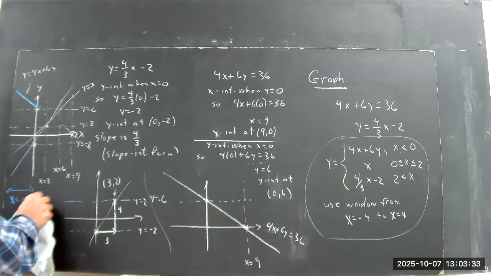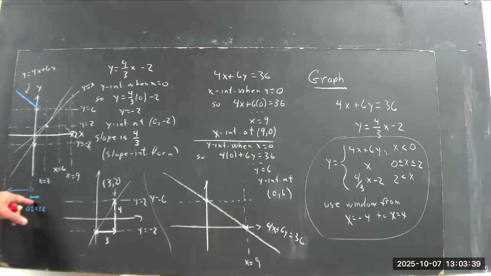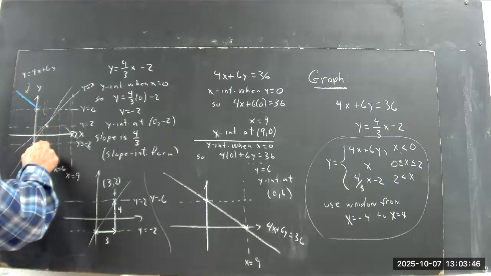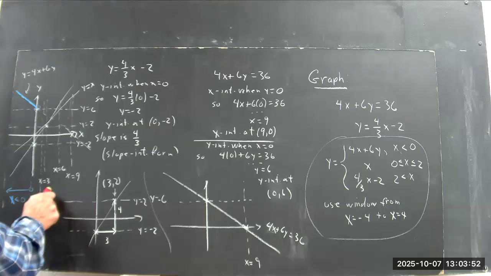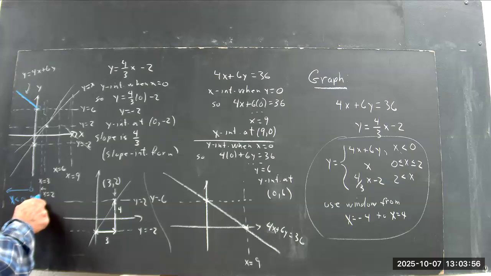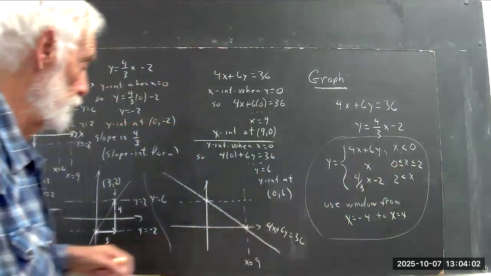zero, is the interval down here. Now that's not part of your graph. We're just indicating that, okay, well, here's the line. X equals 2. So this interval goes from 0 to 2 because that's what it says: 0 less than or equal to x less than or equal to 2.